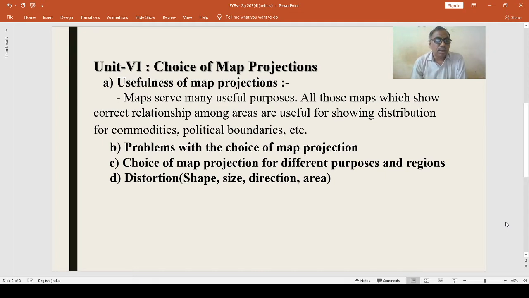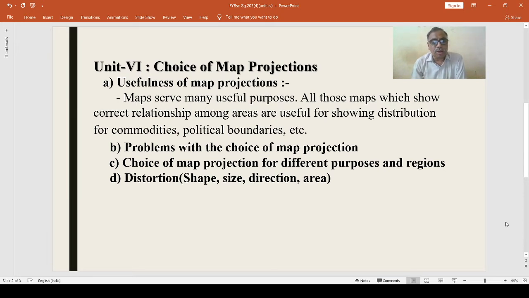Then, zenithal polar stereographic projection. This projection is used for representation of the world in hemispheres. Then, conical projection with one standard parallel. This projection is suitable for showing areas of east-west extent.